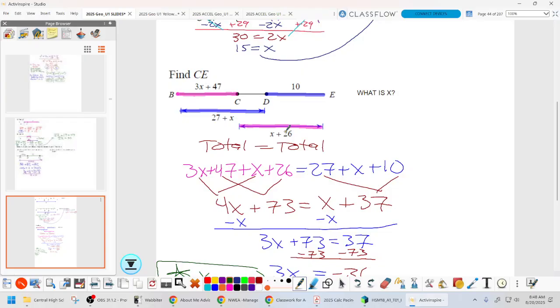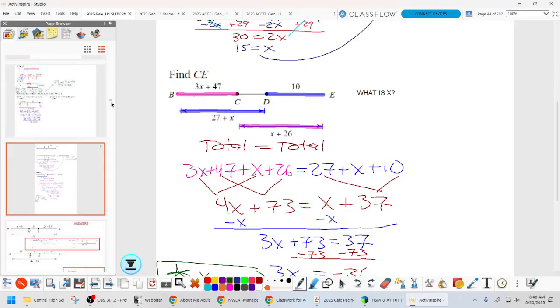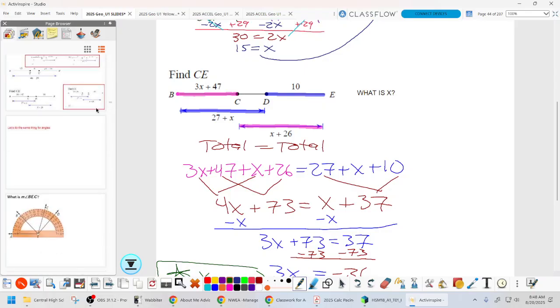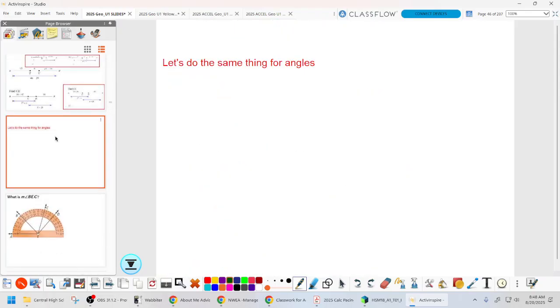All right, put that away for a second, and we're going to talk angle addition. You're going to have more practice with these here in a bit, but let's talk angle addition. So let's do the same thing for angles. Grab your note packet. We're going to write the theorem. Actually, it's a postulate for that.